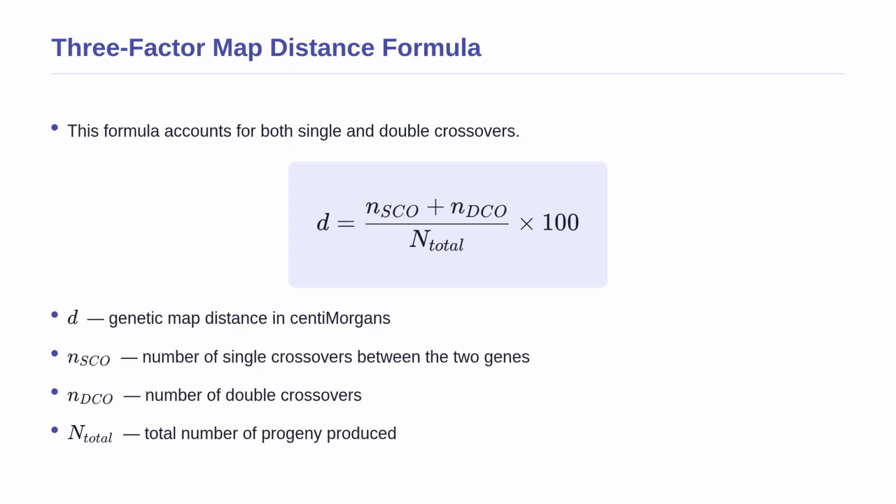Crucially, we must add NDCO, the number of double crossovers, because a double crossover involves a break between our 2 genes of interest as well. We divide this sum by the total progeny and multiply by 100. If the number of single or double crossovers increases, it means the physical distance between the genes is larger, resulting in a higher value for D.